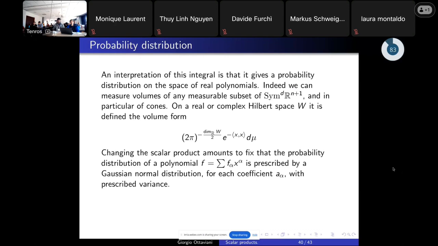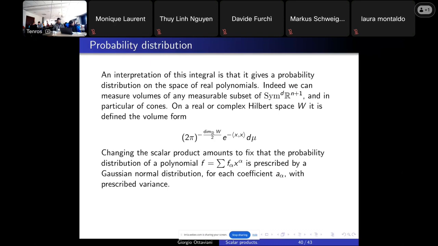So the idea is that when you have a scalar product, and you see I introduced many of them, the Bombieri-Weil, the variation with i, the real Fubini-Study, up to some scalar, you take an exponential of this and you define a measure, and you get exactly the same as above. And so you get the probability distribution of a polynomial.